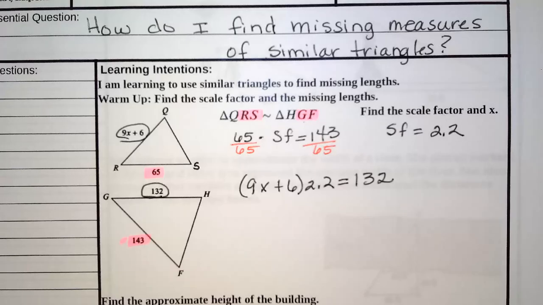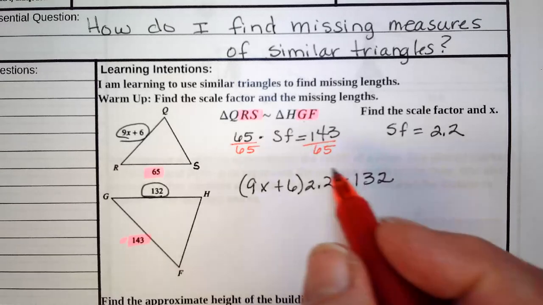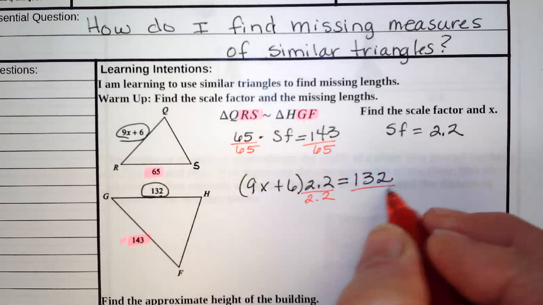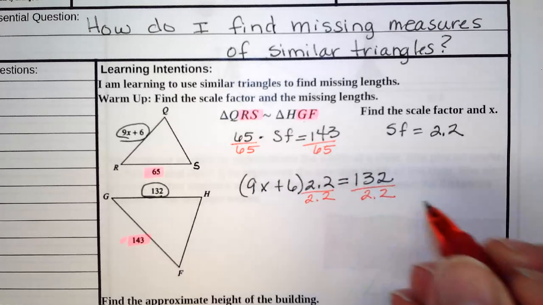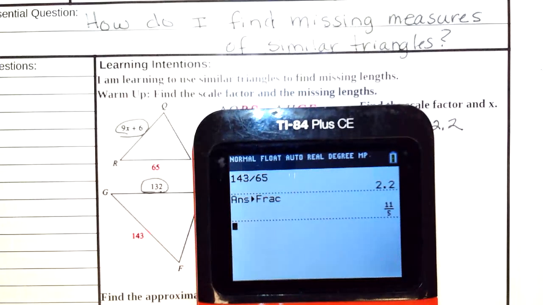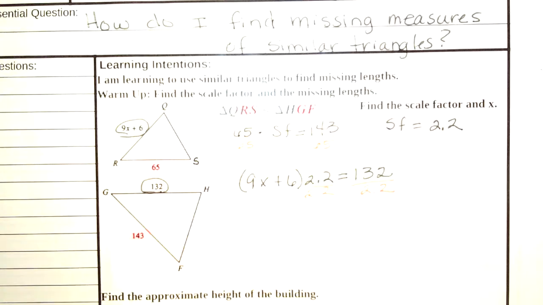Now we're ready to solve for x. Divide both sides by 2.2 so you get that smaller number to work with. 132 divided by 2.2 gives me 60.